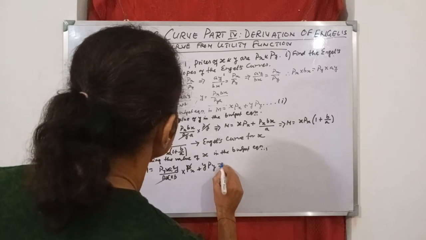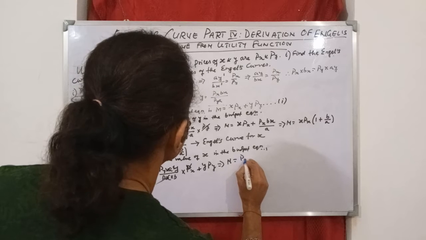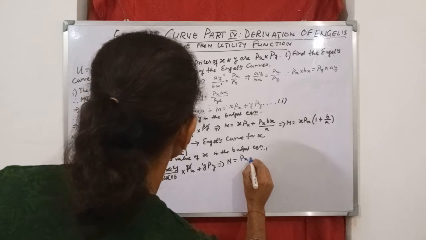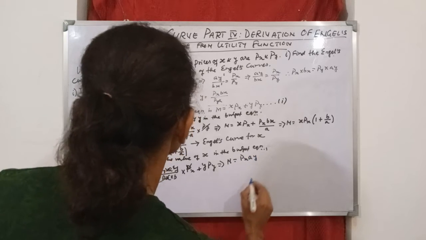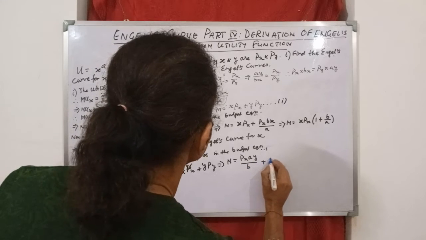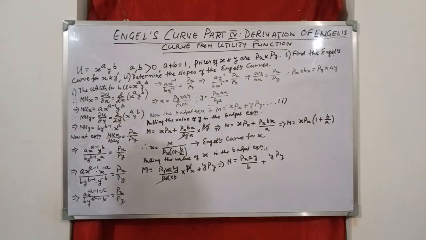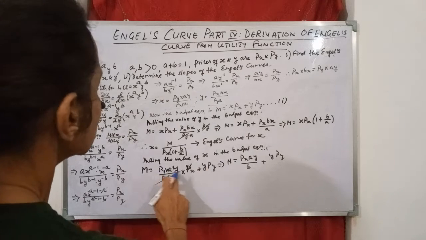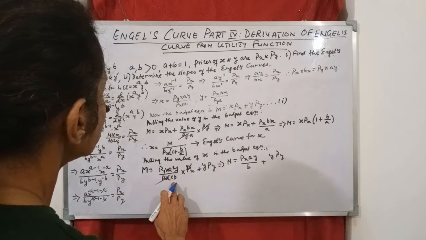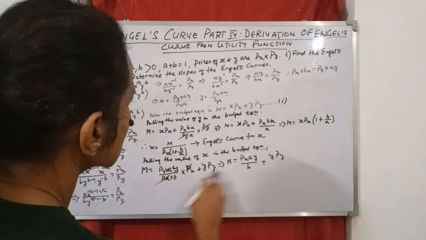What remains? M equals px ay divided by b plus ypy. M equals px into ay divided by b, px has gone away, plus ypy.